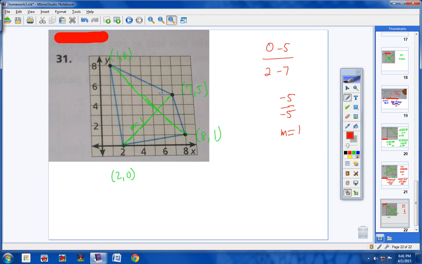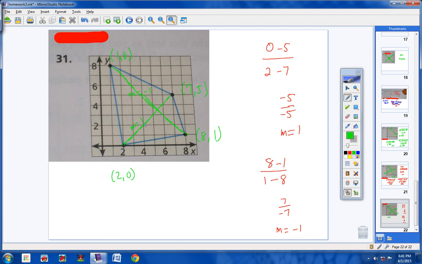Alright, now let's find the slope of this diagonal right here. Alright, so we have y minus y, 8 minus 1, x minus x, 1 minus 8. That gives you 7 over negative 7, which is negative 1. So the slope of this line here is negative 1.